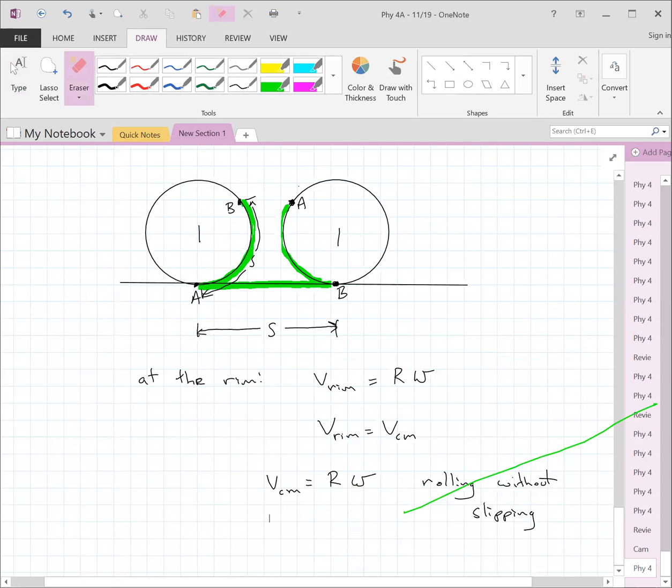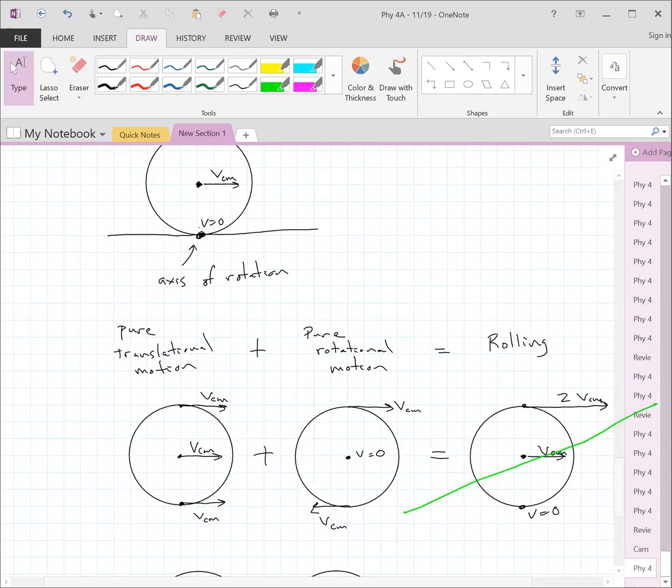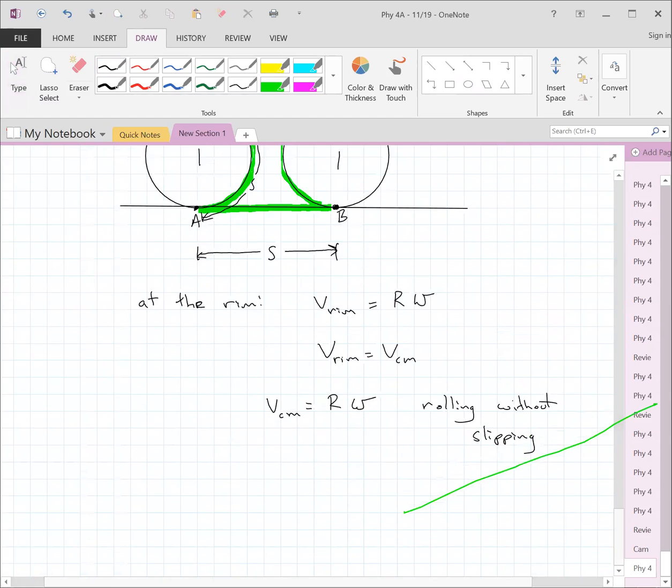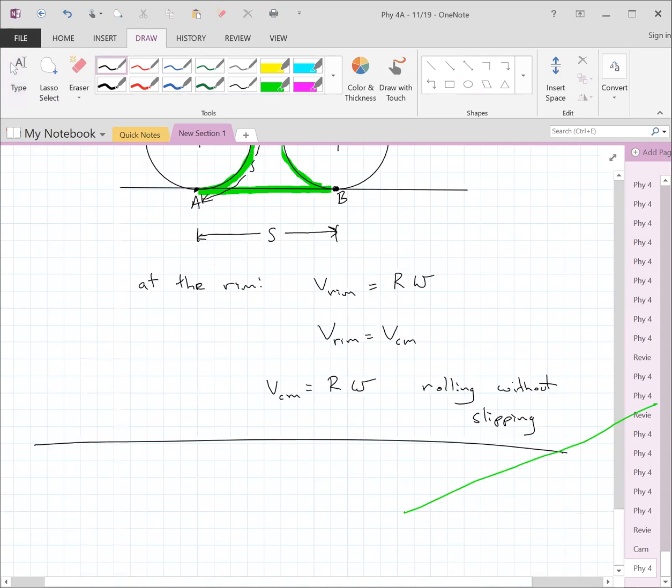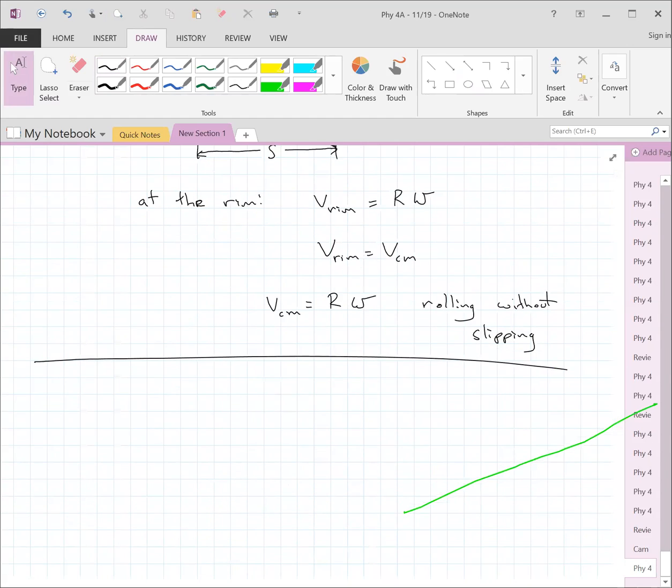Okay, so what does this all mean? Let's do a simple problem with the wheel rolling down a hill, and let's figure out how fast it's going when it gets to the bottom. How about a ball rolling down a hill?